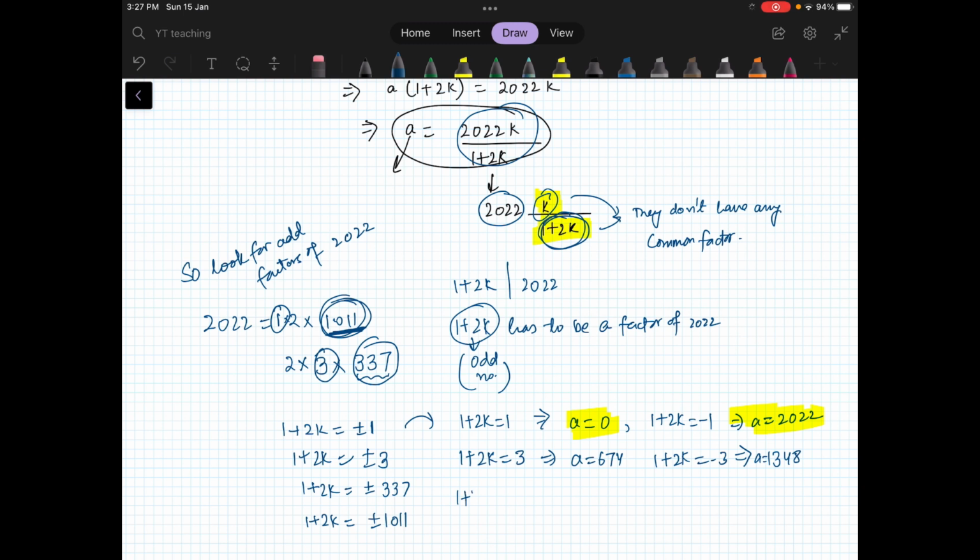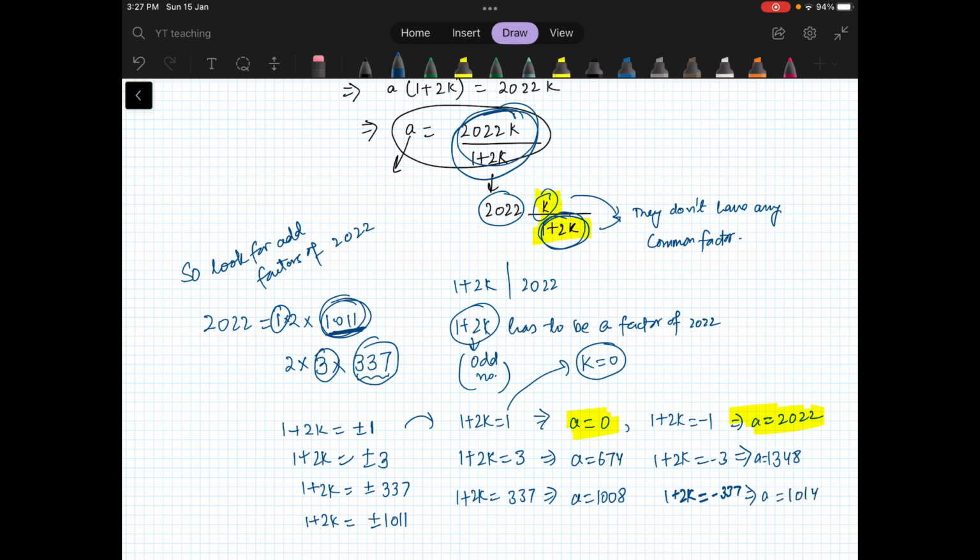And here when 1 plus 2k is equal to 337, I'll get a is equal to 1008. You know how I will do this? For example, from here the value of k is 0, right? So I just put it here, so that's 0. Like that. And when 1 plus 2k is minus 337, I'll get a is equal to 1014.